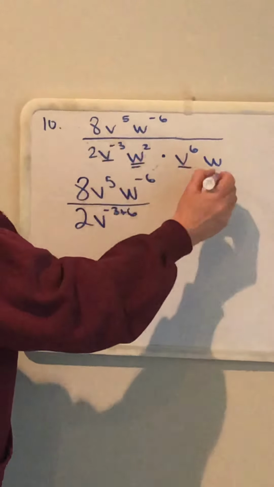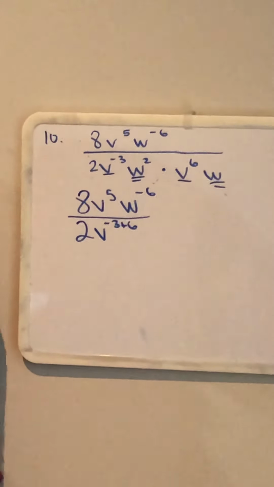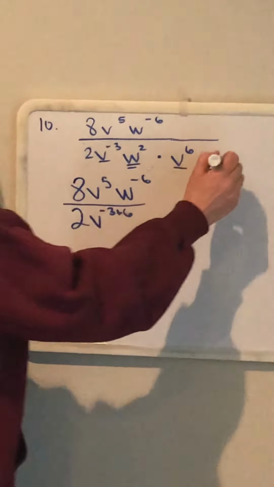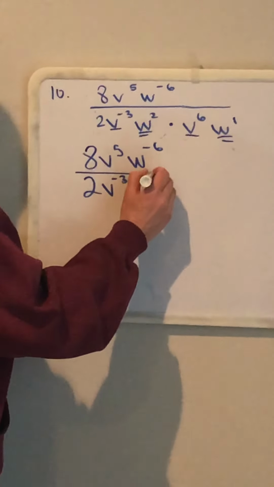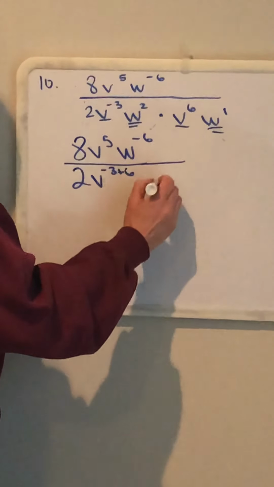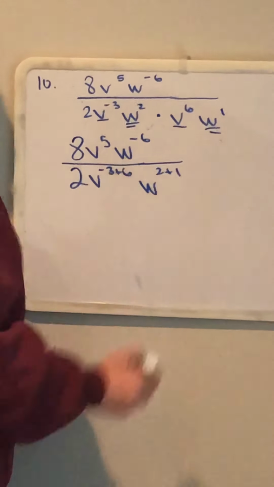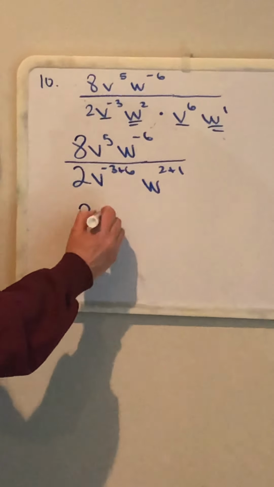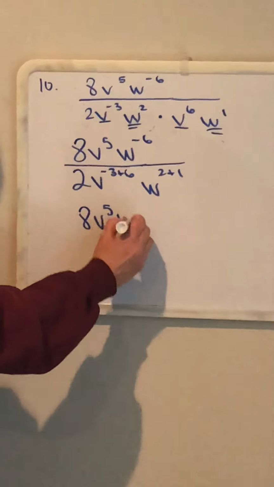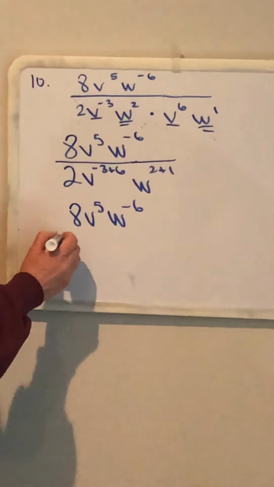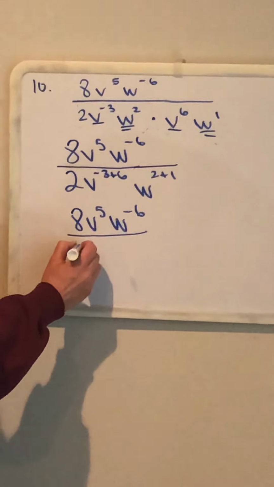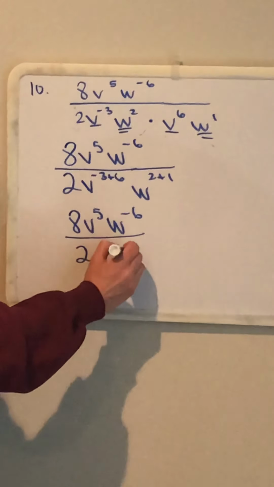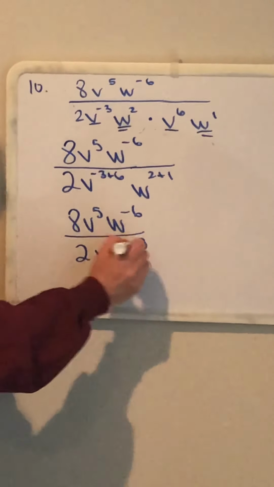To multiply the w's, you add their exponents, but notice how there's not an exponent there. So I have to think of it as a 1. So I'm going to have w to the 2 plus 1. So that gives me 8v to the 5th, w to the negative 6th, over 2v to the 3rd, w to the 3rd.